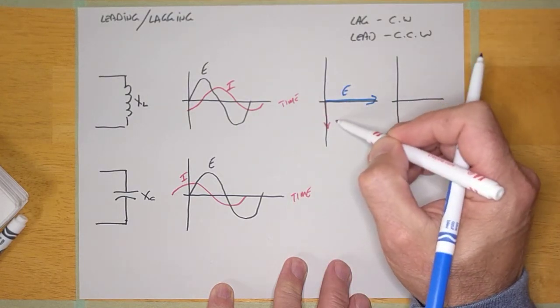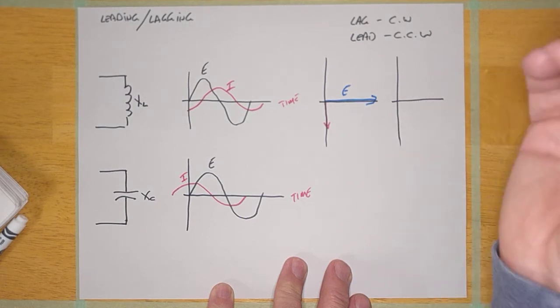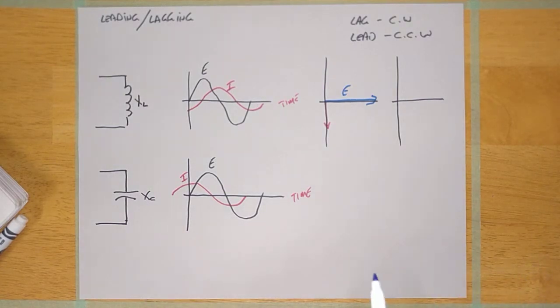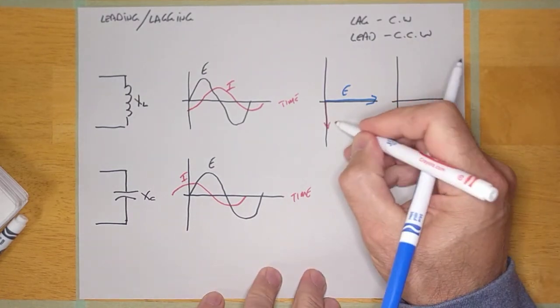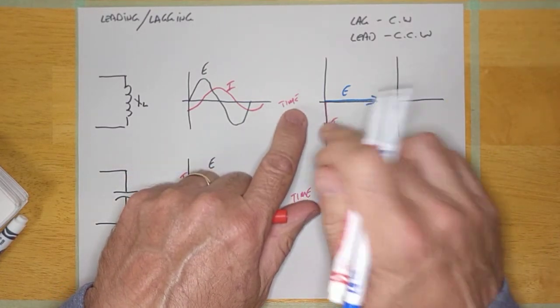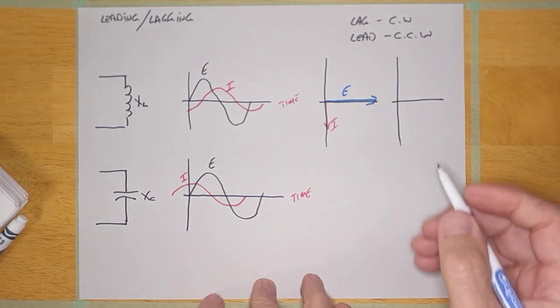So a lagging phasor needs to be drawn clockwise from the leading phasor. This here basically shows the current lagging the voltage by 90 degrees. The current is drawn clockwise because the current is the one that's lagging.